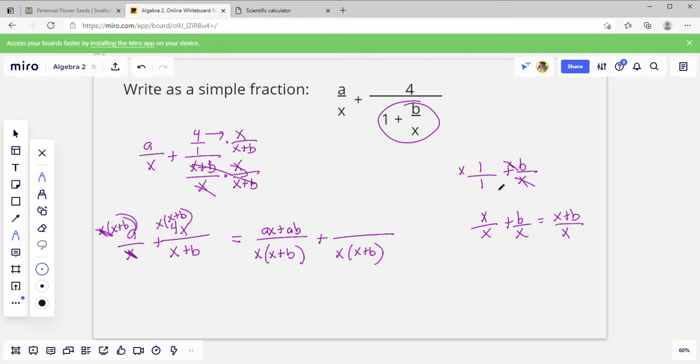So I just rainbowed that there. And then 4x times, oh, we don't need the x plus b. X times 4x would be 4x squared. All right, so our answer is going to be ax plus ab plus 4x squared over x times x plus b.